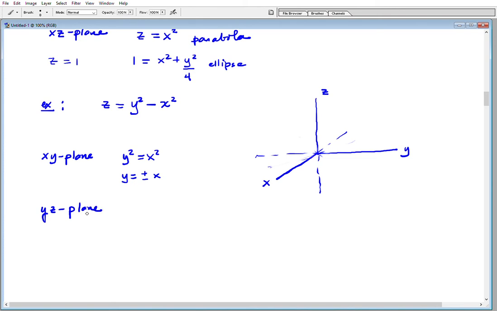That's the one that coincides with the whiteboard. For the YZ plane, we put x equal to 0, so we have z equal y squared. So that's a parabola, just a parabola like this.